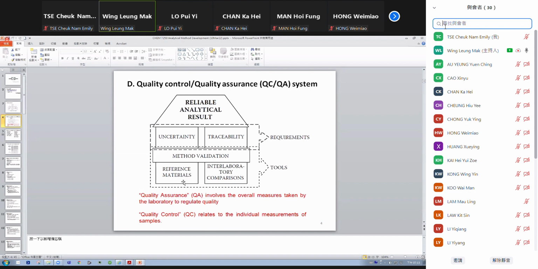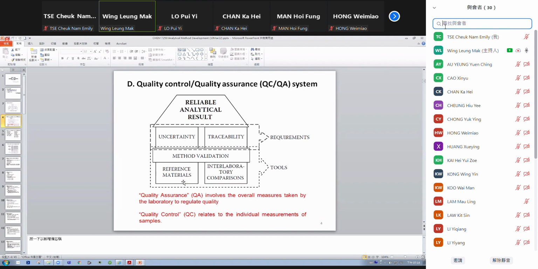You use the ruler to measure the distance, how long the dimension is, right? If your ruler is accurate, your measurement result will be accurate. The reference material in chemistry that we use in the laboratory could be the concentration we prepared, the concentration of the chemicals we prepared.